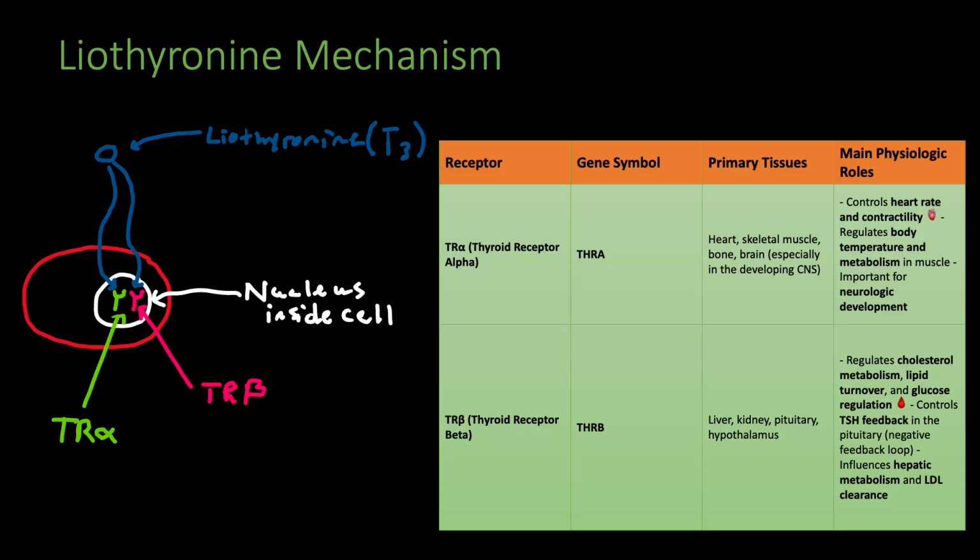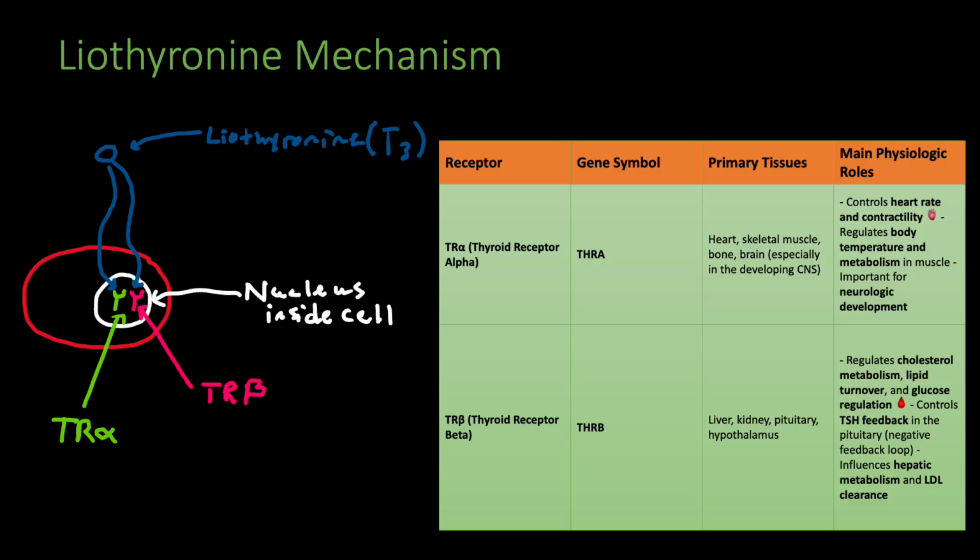Once it's converted to T3, it needs to bind to the receptors inside the cell nucleus. So you can see there are two types of receptors that it binds to. It could bind to the TR alpha or the TR beta. And I listed out the differences here for your reference.